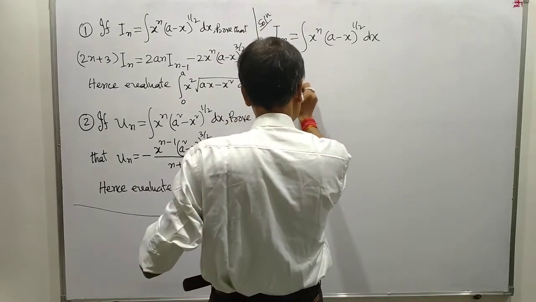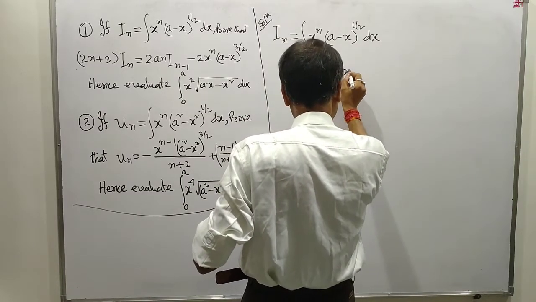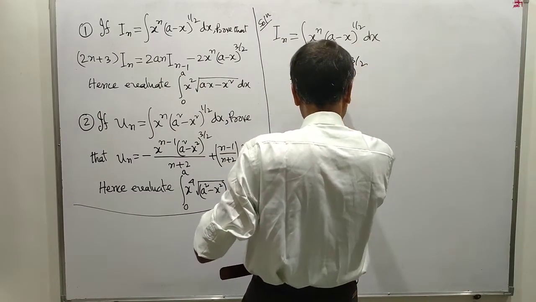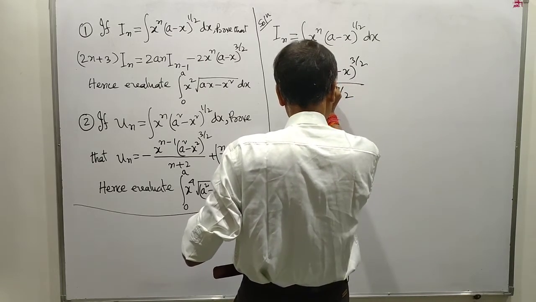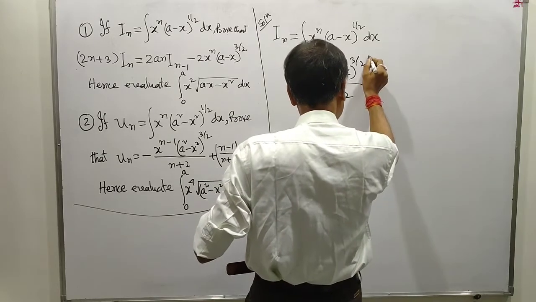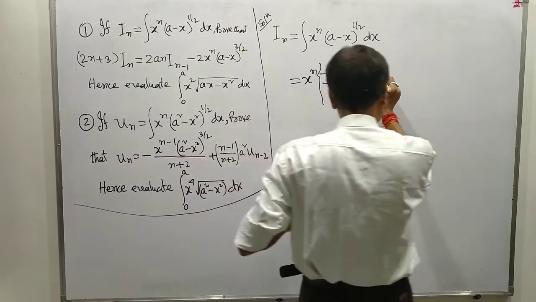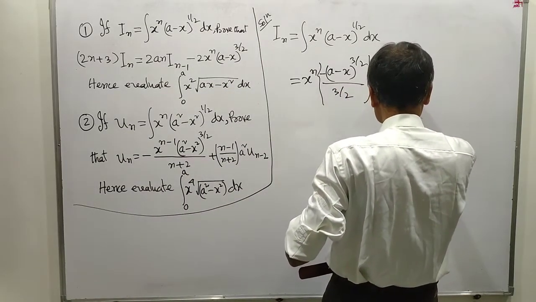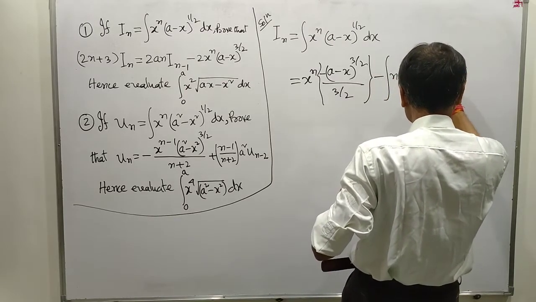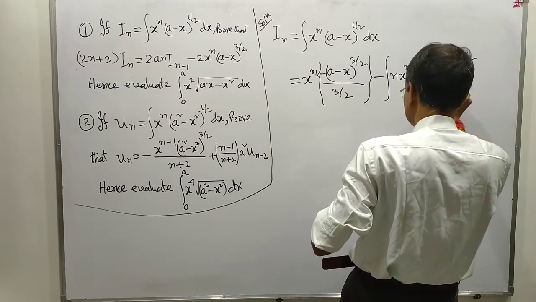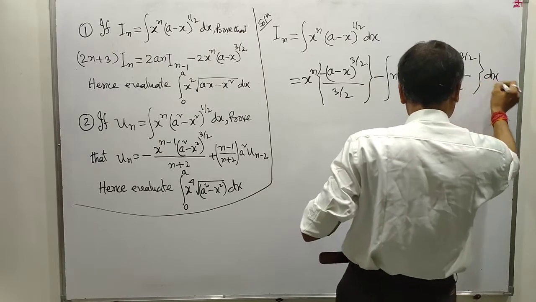This is equal to x to the power n times (a minus x) whole to the power 3 by 2 divided by 3 by 2 with a minus sign, this first function into integration of the second function, minus integral of the differentiation of the first function into integration of the second function, divided by 3 by 2 dx.